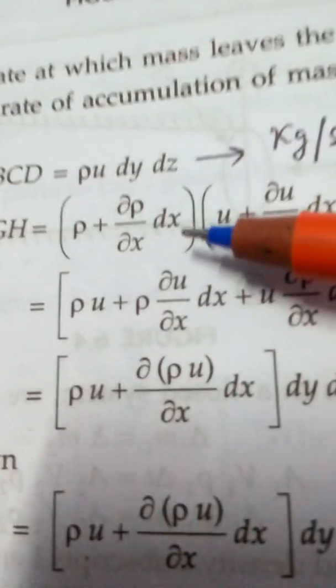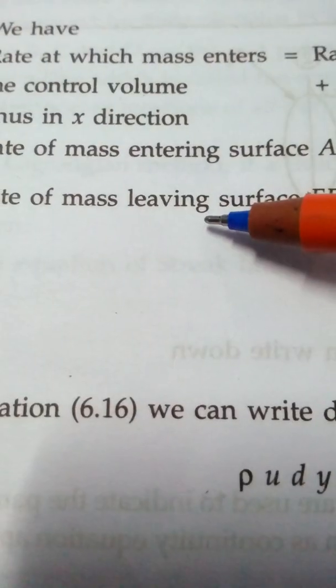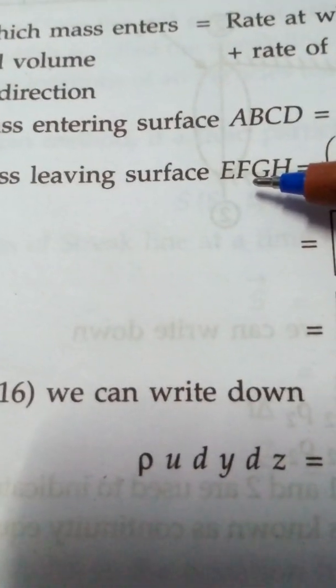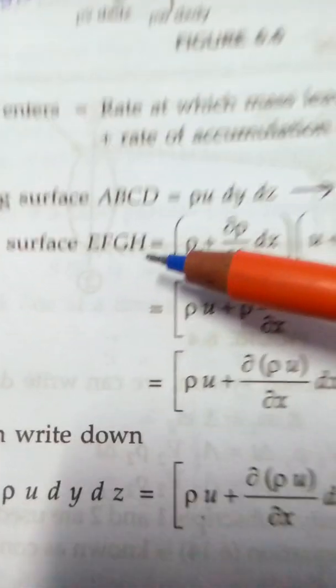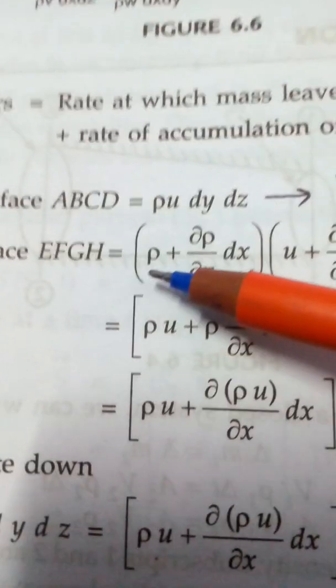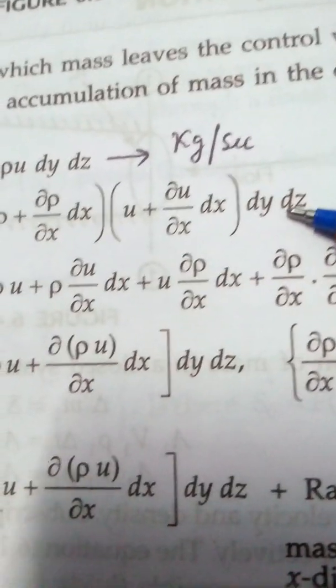Now this is the rate of mass leaving surface EFGH. That means this multiplied by this is outflow.